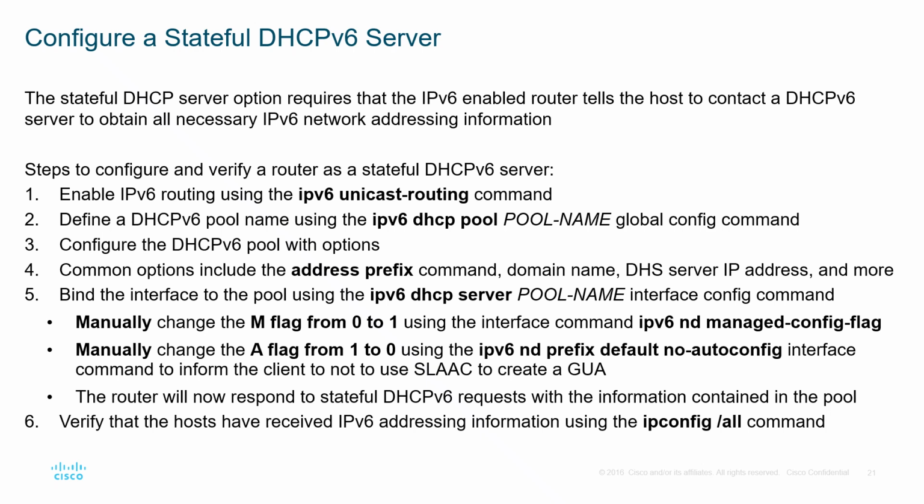You manually change the M flag from 0 to 1 using the ipv6 nd managed-config-flag command. You manually change the A flag from 1 to 0 using the ipv6 nd prefix default no-autoconfig interface command, which informs the client not to use SLAAC to create a GUA. The router will now respond to stateful DHCP requests with the information contained in the pool. Again, verifying at the end with your ipconfig /all.